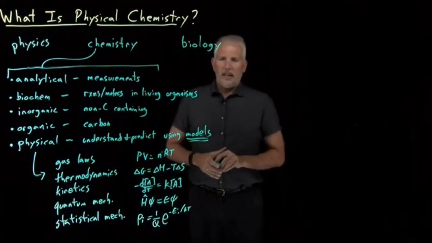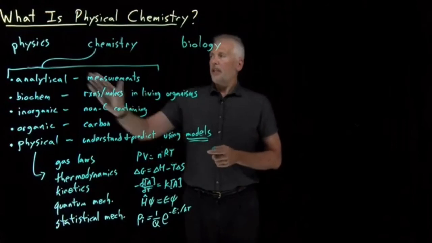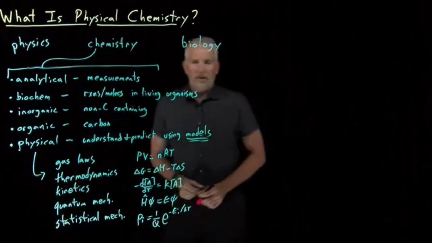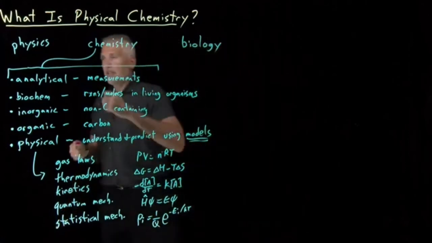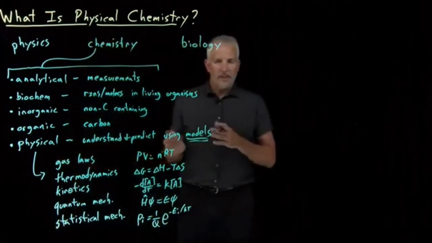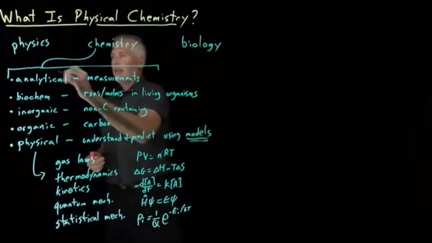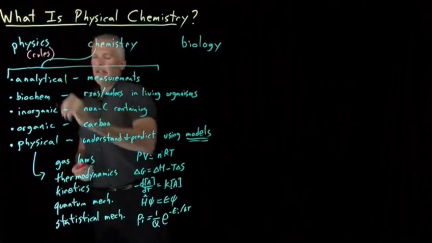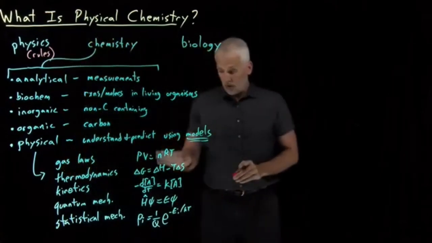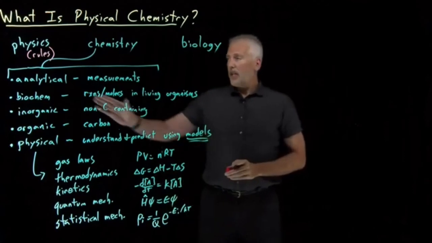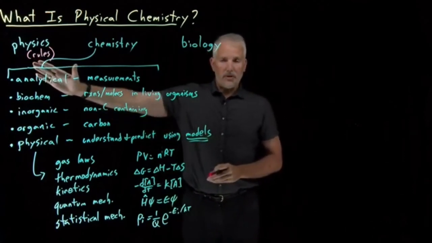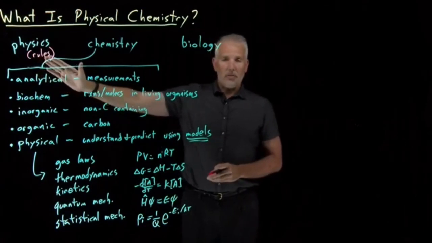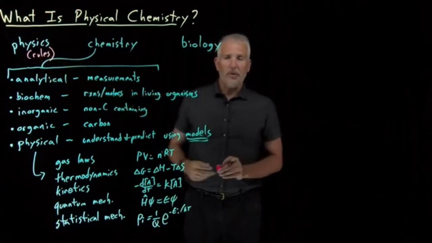I can, in a tongue-in-cheek sort of way, describe the difference between physics and chemistry and biology relatively simply. Physics, again somewhat tongue-in-cheek, is concerned primarily with rules, equations, and in physics, none of those rules have any exceptions. There's the theory of gravity, equations that describe gravity, and everything obeys those equations, no exceptions.